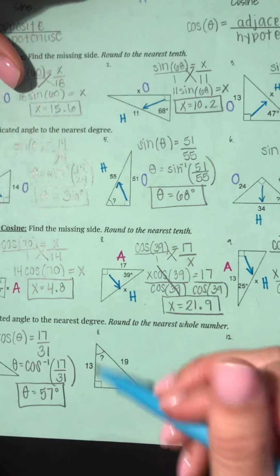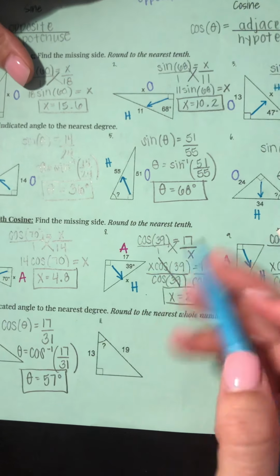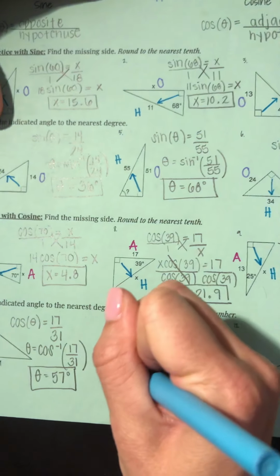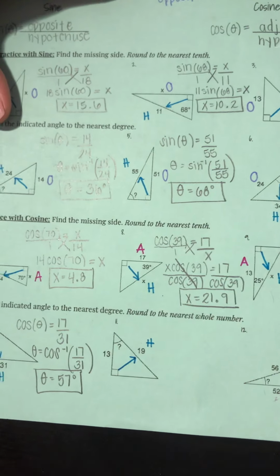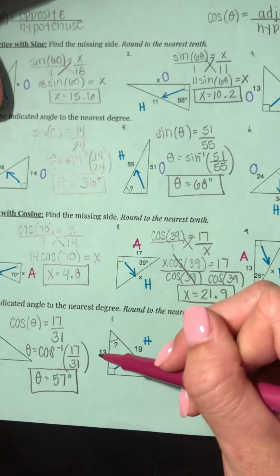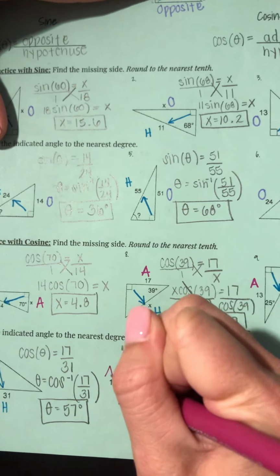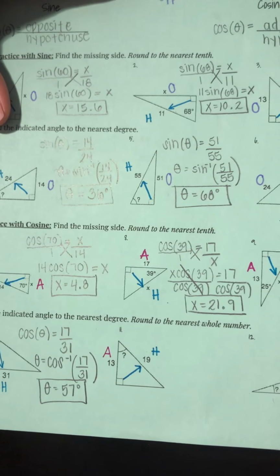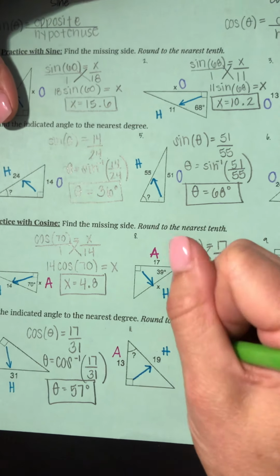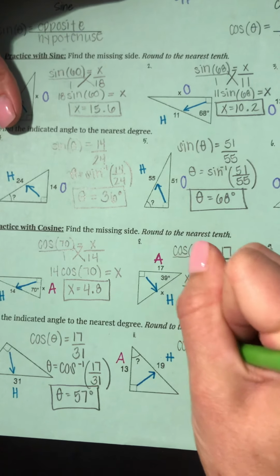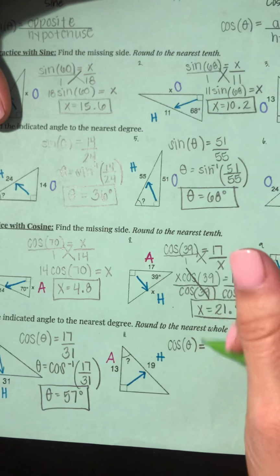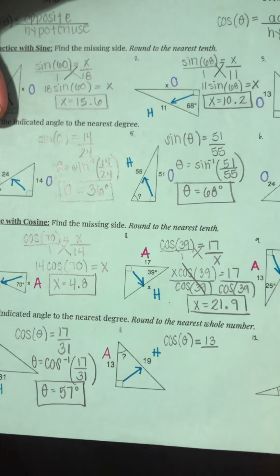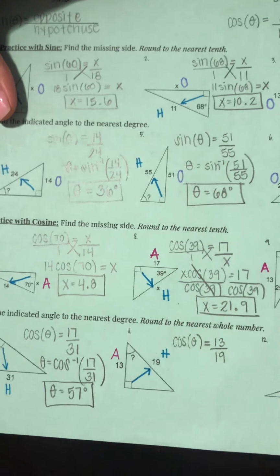Number 11. Okay. So again, I always do this one first, hypotenuse. And then this side is right next to theta, so it's adjacent. So cosine of theta, because we don't know what it is, equals adjacent over hypotenuse.